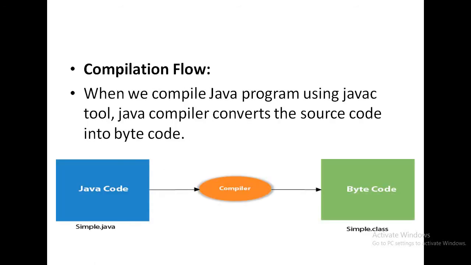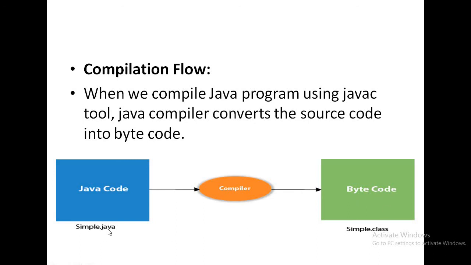So this Java source code Simple.java is compiled with the help of the javac tool, and this code is converted to bytecode, and the extension of bytecode is always .class.